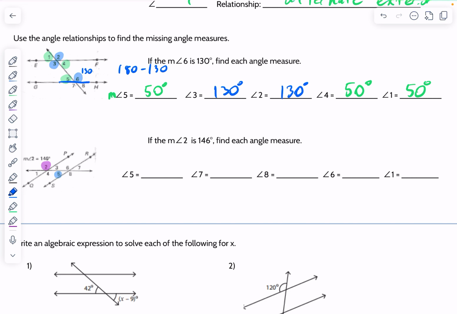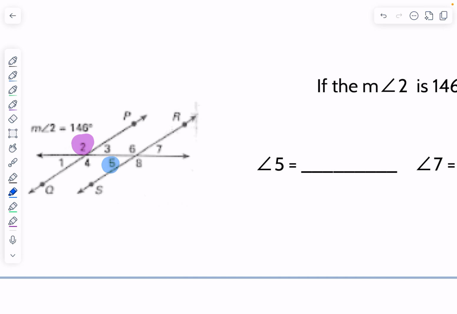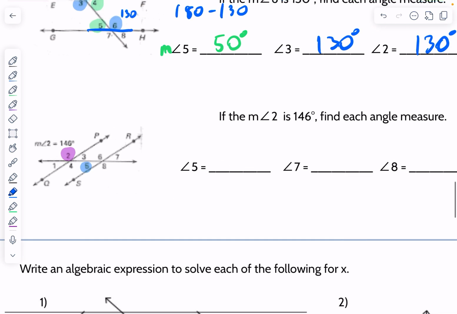The measure of angle 5 here. Those have no direct relationship. They're not alternate interior, they're not vertical, they're not alternate exterior, and they're not corresponding. But what we do know is that the measure of angle 6 corresponds to 2.